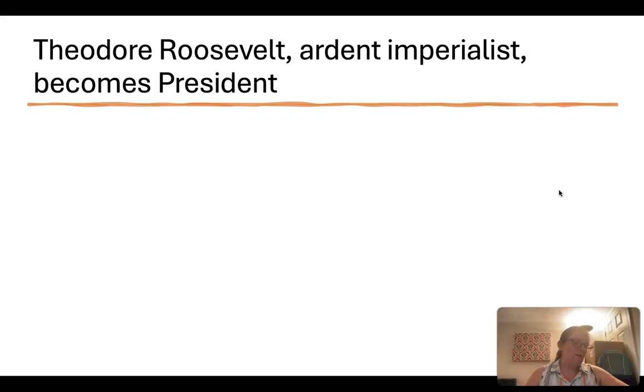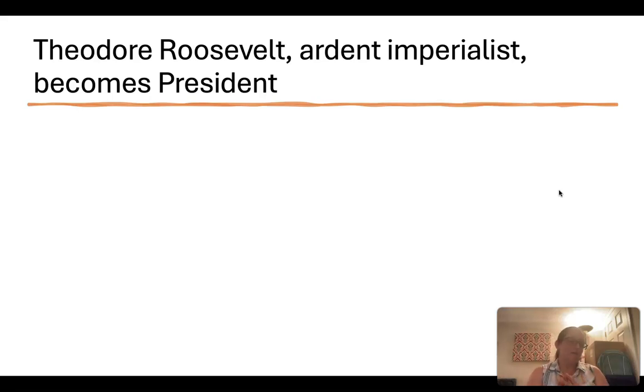He had risen after the war in Cuba. He had very quickly risen in political prominence. He'd become the governor of New York. And so to eliminate his rapid rise, Republican Party officials said, okay, we'll make him vice president. Vice president, of course, is a position which doesn't tend to have a lot of power.